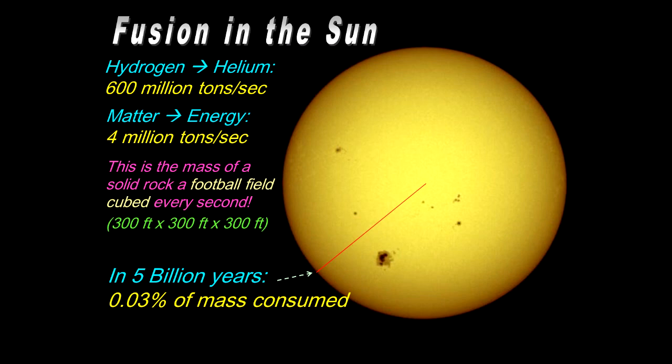This little red line, it's actually a little overkill, it's a little smaller than this, is literally 0.03% of the mass of the sun. 3/100ths of 1%. In the next 5 billion years that the sun is going to shine, that's all the mass that's going to be consumed at this rate. So 3/100ths of 1% of the mass of the sun will be gone in 5 billion years.